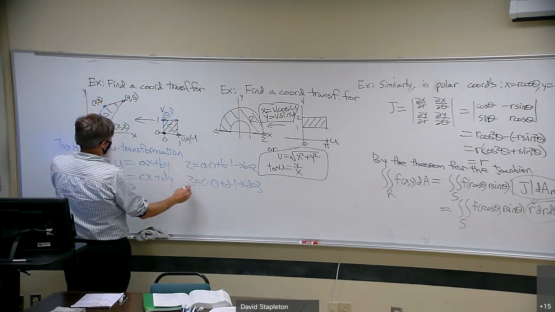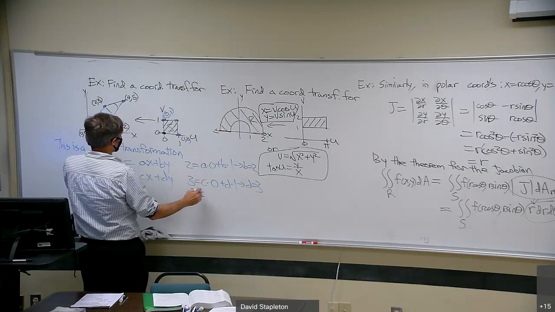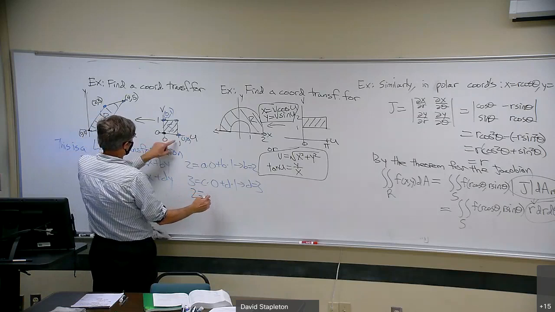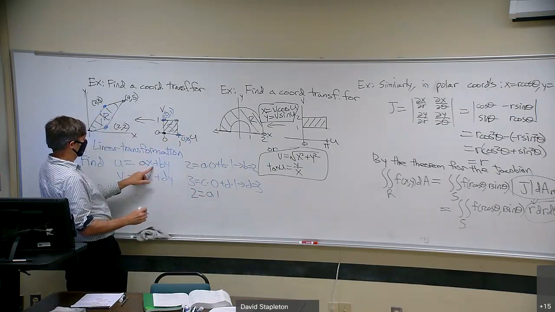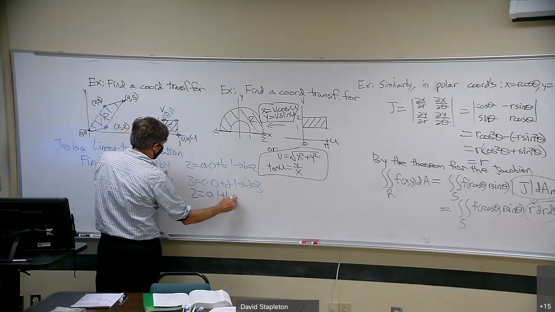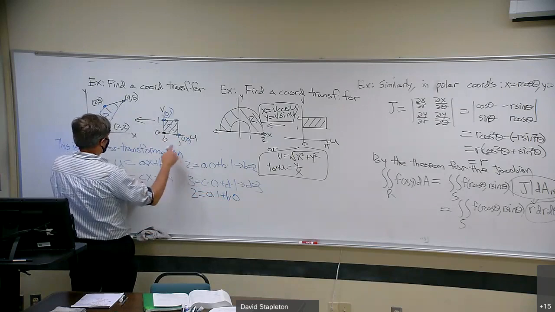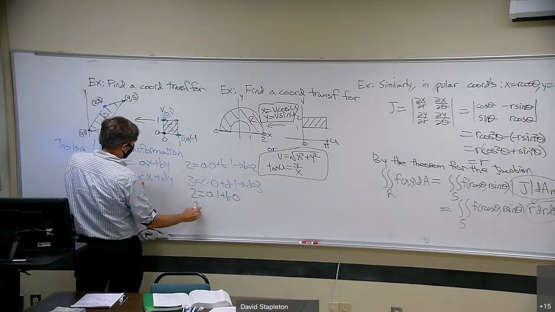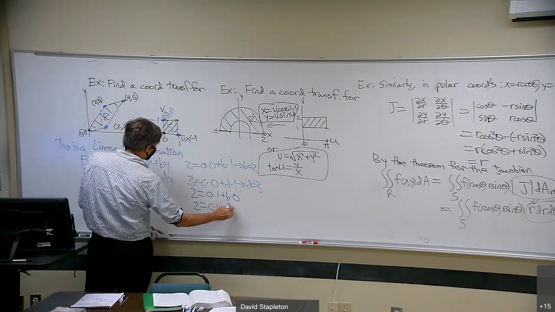Then I know that 2 for u has to be equal to a times 1. I'm just putting in x equals 1 here, plus b times 0, putting in 0 for y. And then this coordinate, 2 for v, has to be equal to c times 1 plus d times 0.